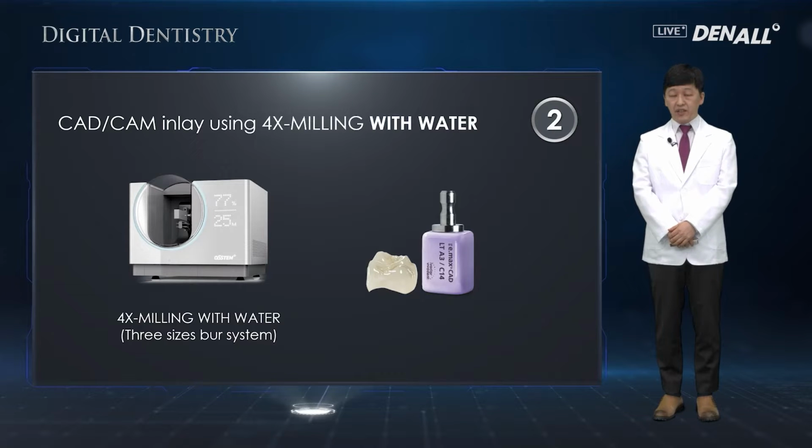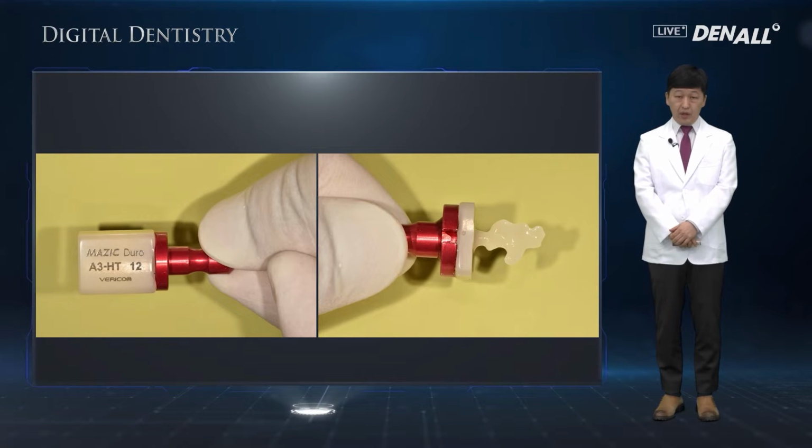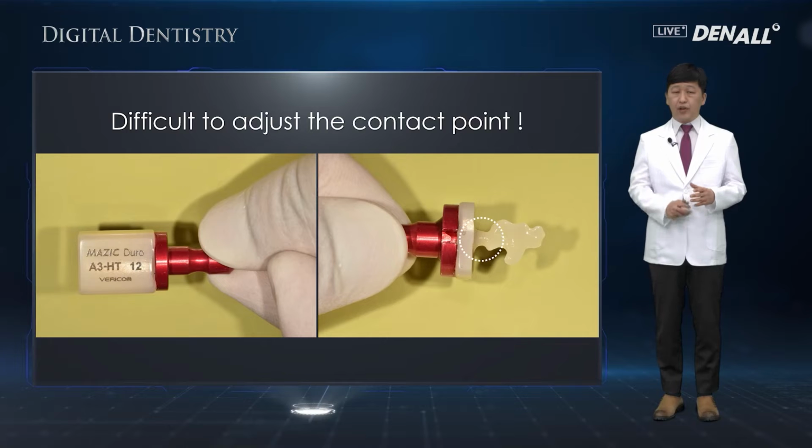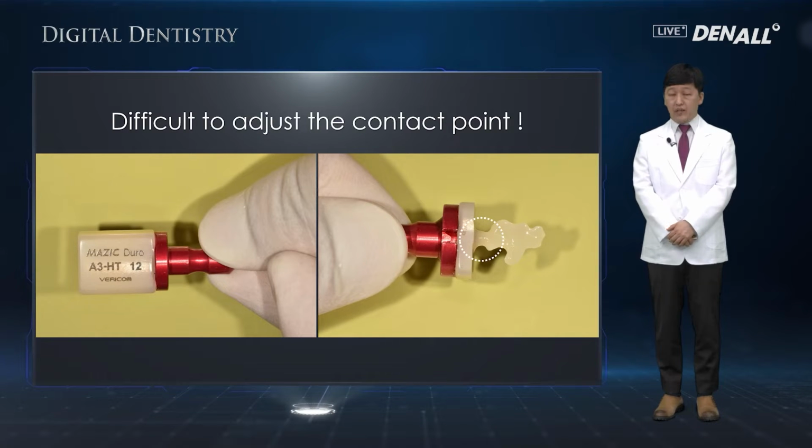However, the problem with this system is, as shown, after you mill the inlay, the connector is attached there as it is completed. However, if there's a connector on the contact point, it becomes very difficult to adjust the contact point. Unlike gold inlay, in the case of resin ceramic hybrid inlay, it needs to be very passive.